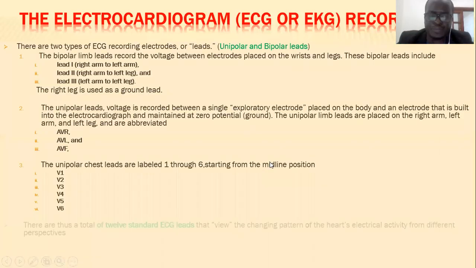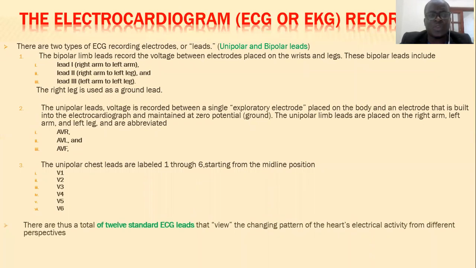Let's start. There are 2 types of ECG recording electrodes or leads: the unipolar and bipolar leads. The bipolar leads, there are 3: lead 1, lead 2, lead 3. These are called bipolar leads because we have 2 electrodes. So where are you going to connect those electrodes?